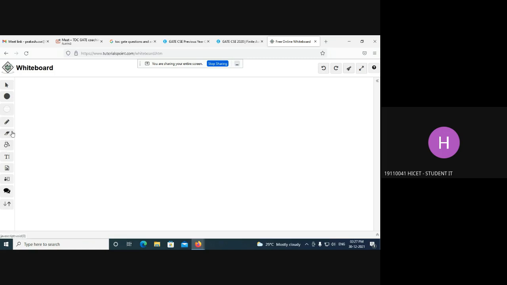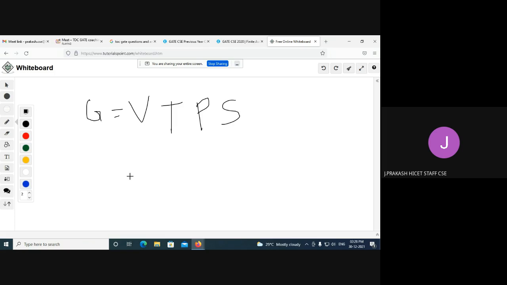Okay, grammar. These are basic definitions you need to know. Grammar G equals variable, terminal, production, start symbol. G stands for grammar, V is variable, T is terminal, P is production, S is start symbol. In this, S implies AB, capital S is called variable, and small a, small b are called terminals.